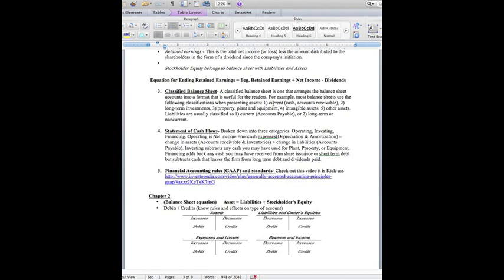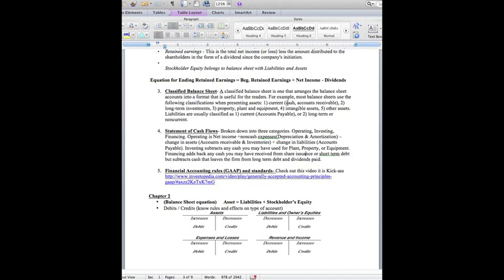Accounts receivable is also a current asset. It's easy to turn some cash that you're eventually going to receive into cash. So that's also a very liquid item on the balance sheet under assets. So when you think current assets, think cash, accounts receivable, things of that nature.